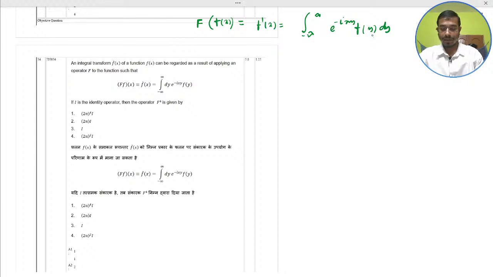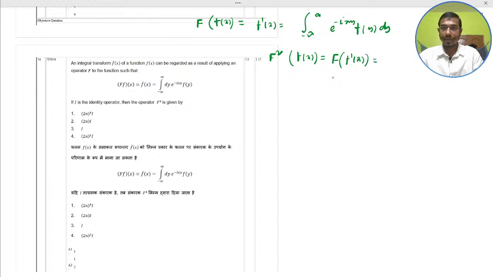Next, F square acting on f(x) means the capital F of f dash x.